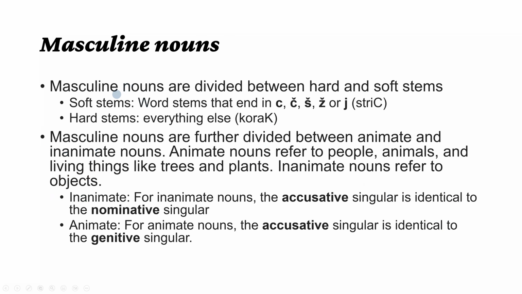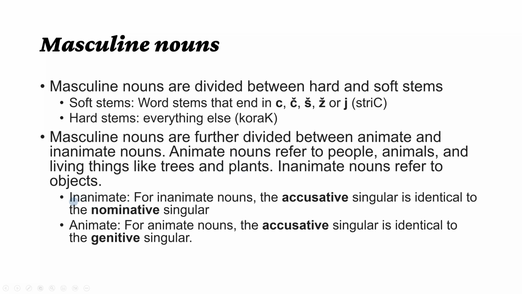So, masculine nouns have soft stems and hard stems. This is very important. Soft stems end with c, č, š, ž, and j, the last letter, okay? Hard stems end with any other letter. Also, we have animate and inanimate objects. An animate object is something that's living, and an inanimate object is just an object that's not living, okay?